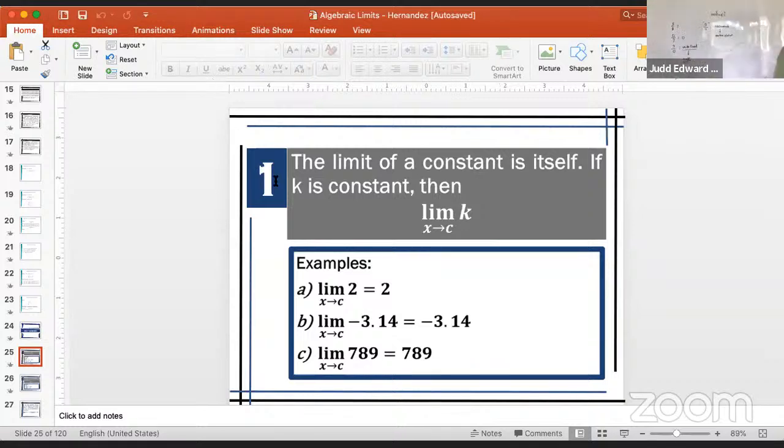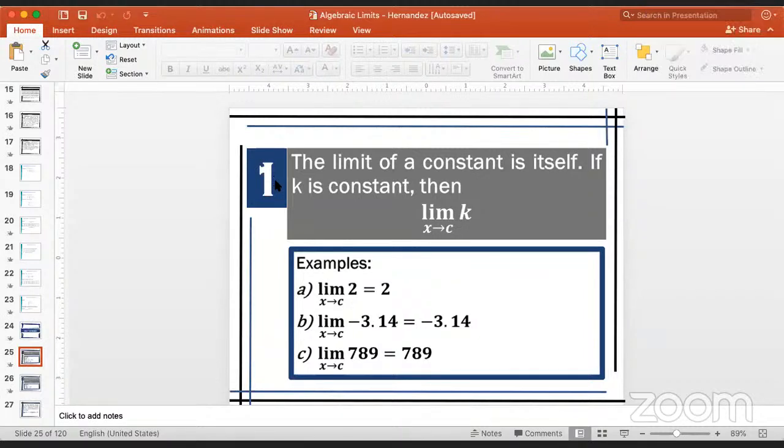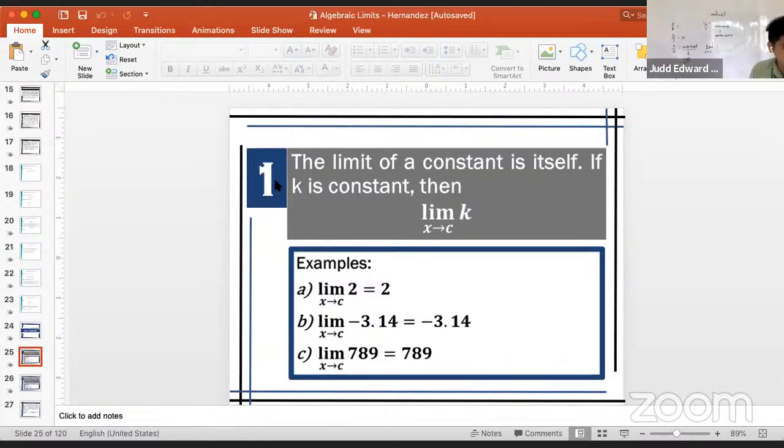Okay, for example, the limit of e as x approaches c is equal to what? Sige nga. Is e a constant? Yes or no? Hindi po. Hala. Is e a constant, guys? Pwede nyo bang i-type sa calculator nyo what is the value of e?